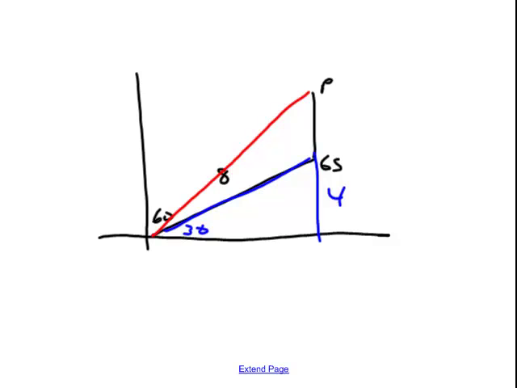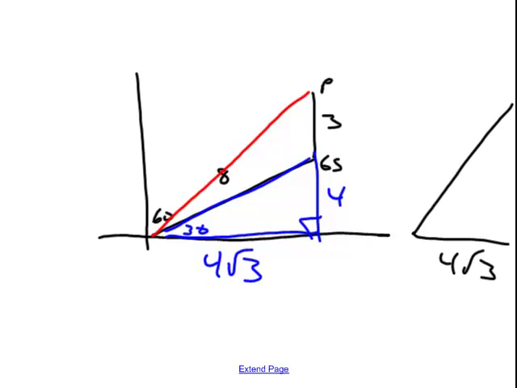And this, being the longer leg, must be that number times the square root of 3. I've got a 4 root 3, 8 triangle here in blue. And I also know that the distance from here to here is 3, so the leg of my big triangle is going to be 7, and this is going to be 4 root 3.